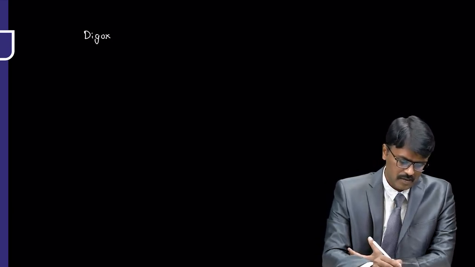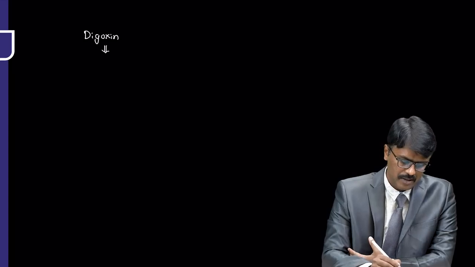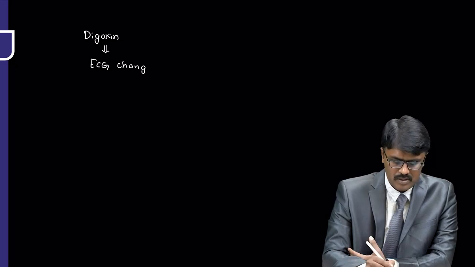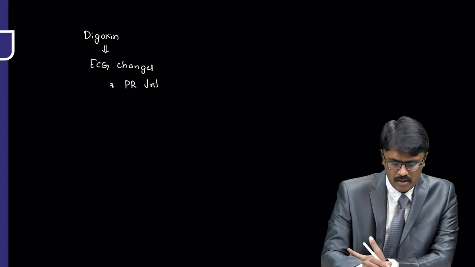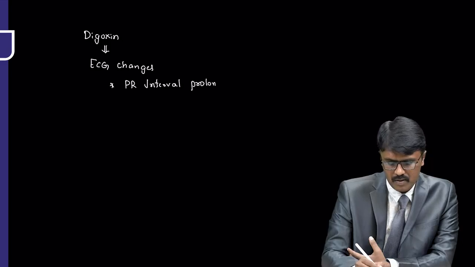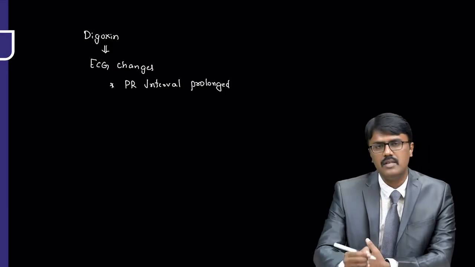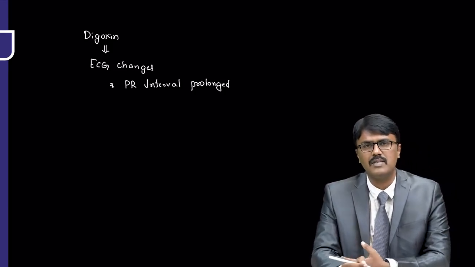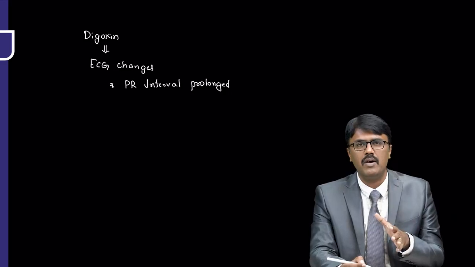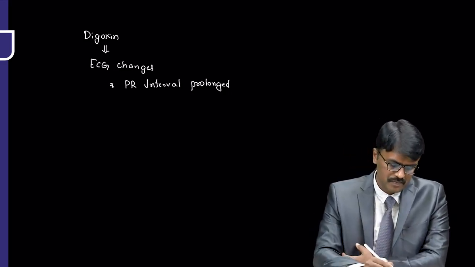So many times they will ask you what are the ECG changes when we give digoxin. So when we give digoxin, there are certain ECG changes that we see. Number 1, the PR interval is prolonged. What is the reason? Because we know that digoxin causes AV blockade, so PR interval is prolonged.